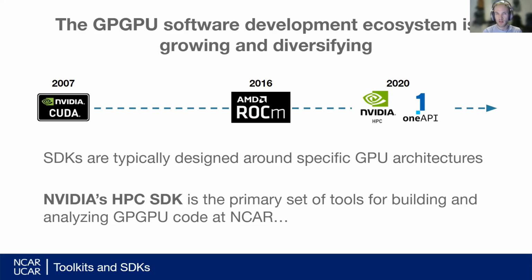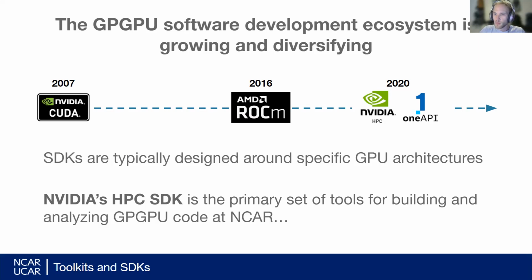And that has seen a lot of development in the past couple of years as they've ramped up their GPGPU efforts. And in 2020, NVIDIA released a larger set of software called the NVIDIA HPC SDK, which includes the CUDA toolkit, as well as compilers and some profilers and debuggers. And Intel is also getting in on this as well with their variant of the oneAPI set of tools.